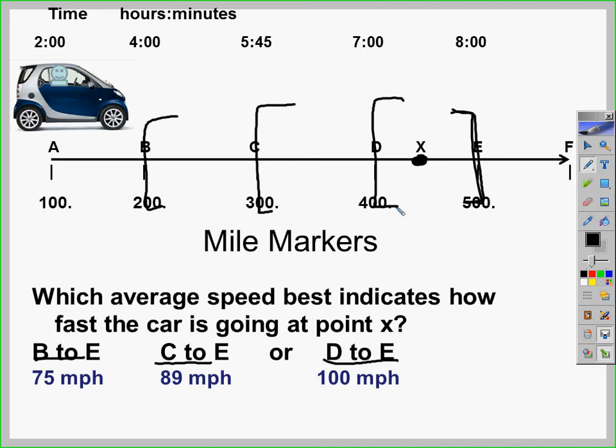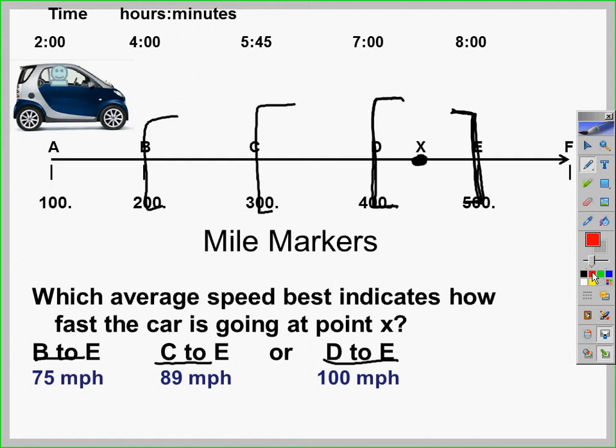Johnny? It was D to E because the 2 points that are being calculated are the closest to point X. Exactly. And if we could narrow in that time even closer, the smaller the amount of time, the closer the average speed calculation is to the instant speed at that particular point.